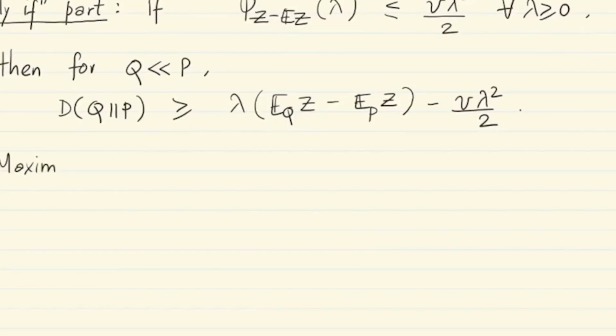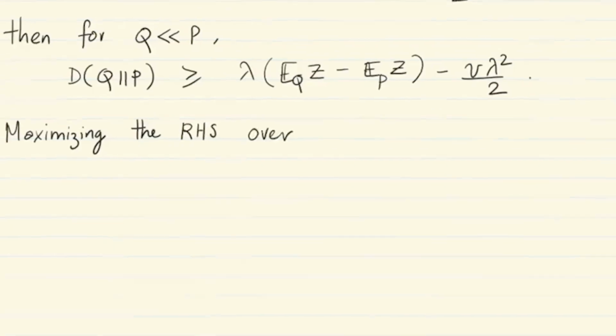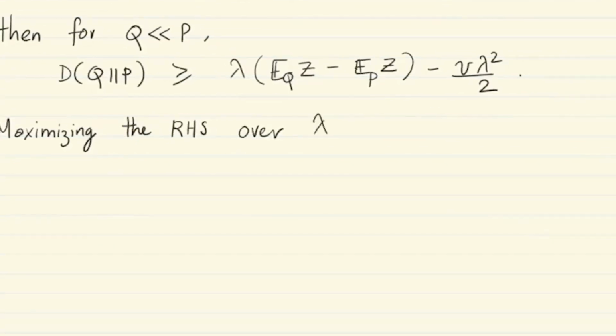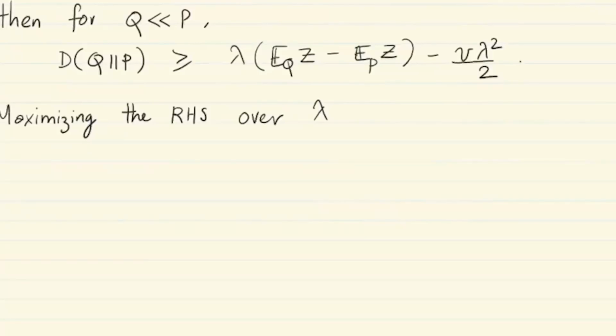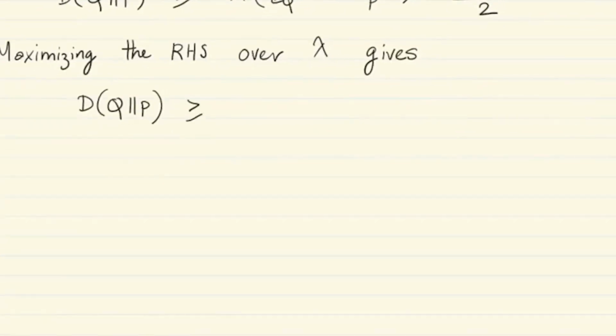So if we maximize the right hand side of this expression over lambda, it gives D(Q||P) greater than or equal to (E_Q[Z] minus E_P[Z]) the whole squared by 2v.